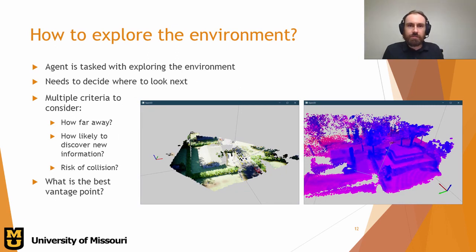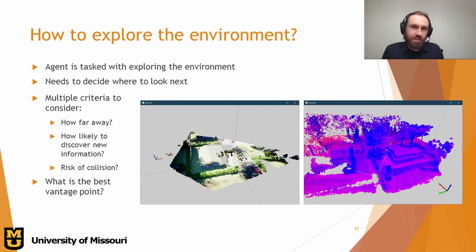Okay, so the first application I'll talk about is this idea of how to explore the environment. Here the agent or drone starts out with perhaps no knowledge of its environment and has to discover its surroundings in order to build a 3D map. It might start with some initial outdated model of the environment that it needs to figure out where to go to update with some new information.